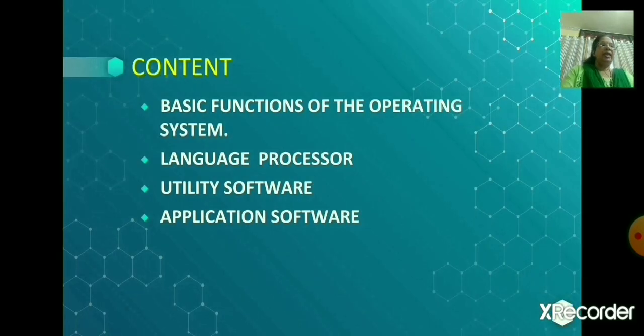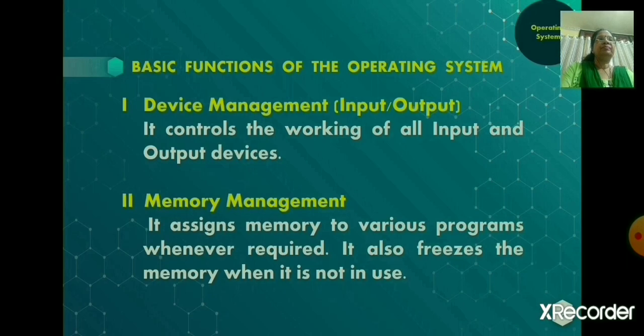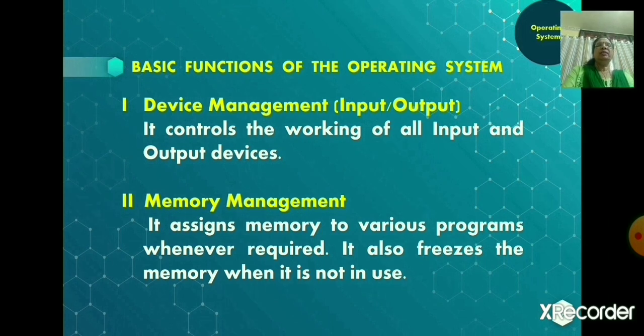So, in this session, we will be studying the basic functions of the operating system, language processor, utility software and application software. What are the basic functions of the operating system? The first one is device management, that is input and output. Device management controls the working of all input and output devices.